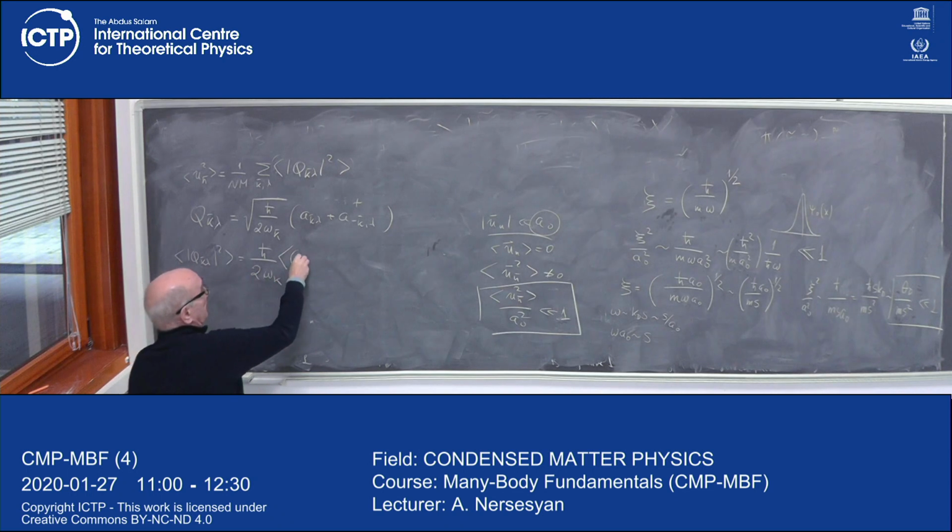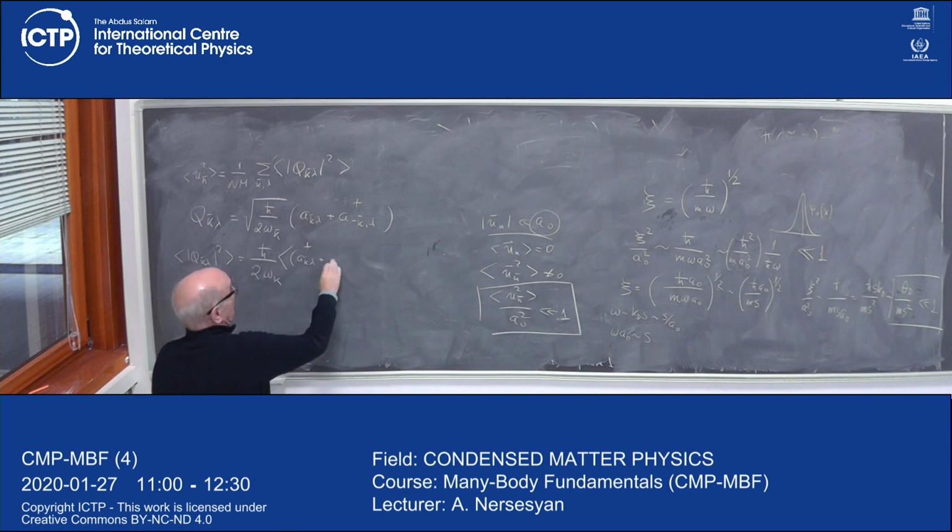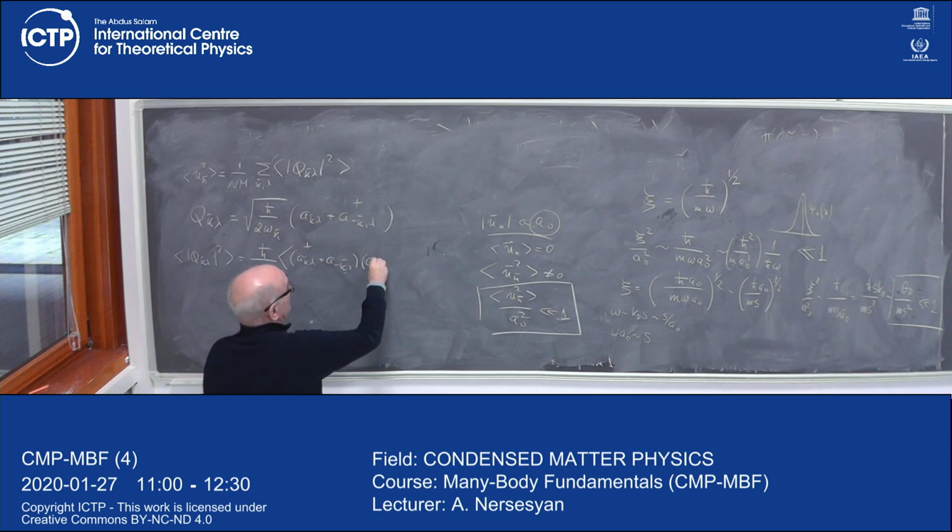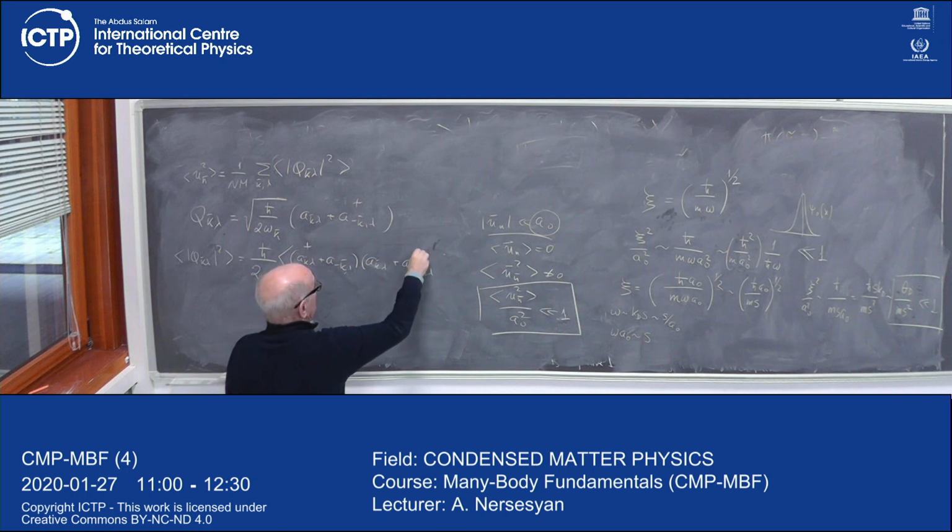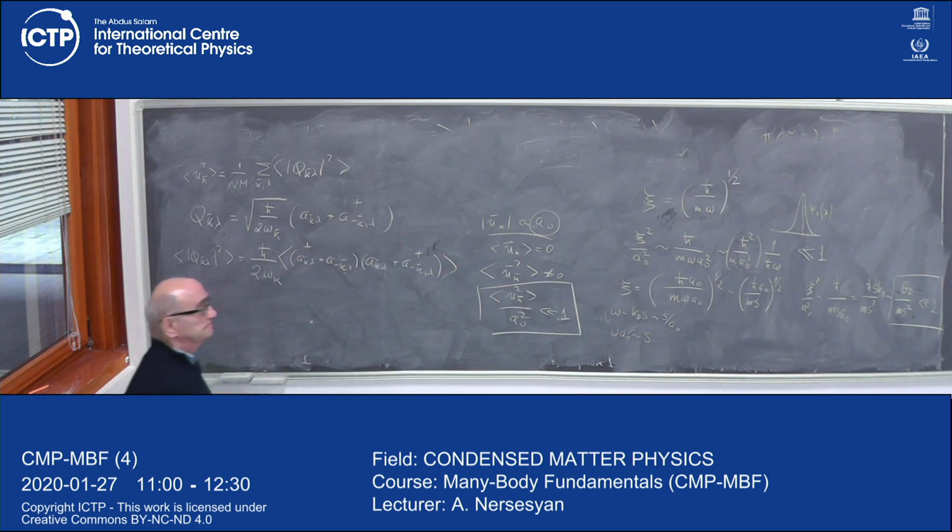Now I have a k lambda a, okay, I'm sorry, the first term will be a dagger minus k lambda times a k lambda, plus a minus k lambda dagger, average.